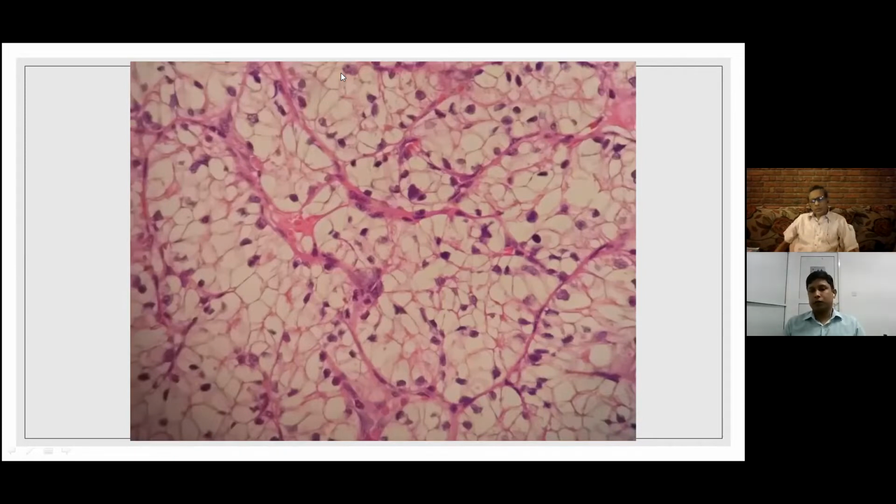So what sort of follow-up will it be? These patients are more prone to get metastasis in future, more than a 30% chance. So I have to follow them to assess for local recurrence as well as metastasis.